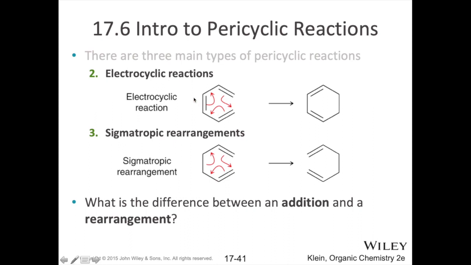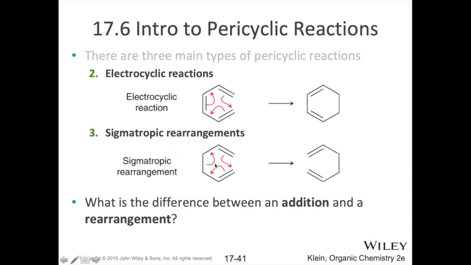An electrocyclic reaction, basically, you can see here we open up this ring over here and close this ring over here, and a sigmatropic rearrangement, as the name suggests, it's a rearrangement.